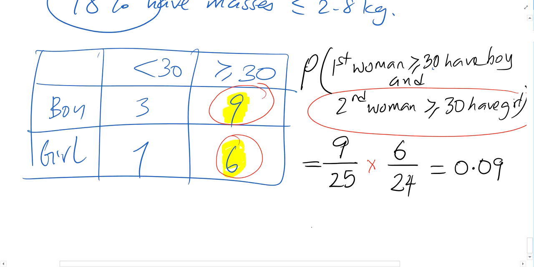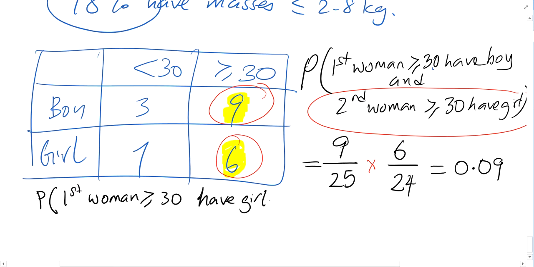Okay. Now, the other case is the probability first woman more than or equal to 30 and have a girl, and second woman more than or equal to 30 have a boy.